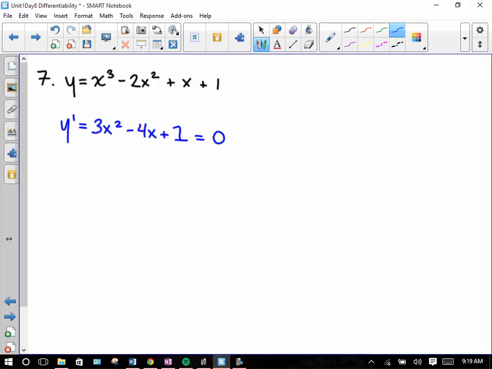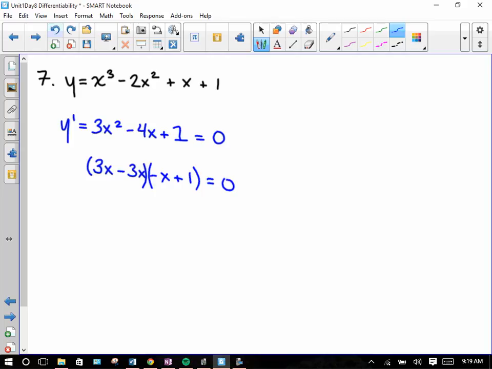It's going to factor into 3x and x, and it's going to be 3x minus 3x minus x plus 1. That's equal to 0.